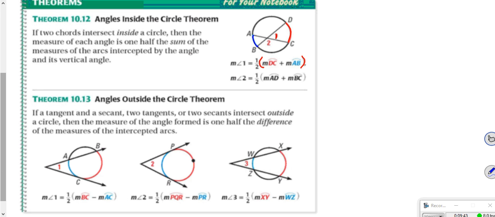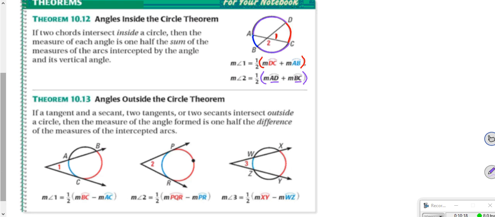Same thing with angle 2 now. Angle 2 is 1/2. Again, notice the parentheses. 1/2 AD plus 1/2 BC. I'll have to do both of those in purple since I've already used the red and the blue. So 1/2 the measure of AD plus the measure of BC. So again, intercepted arcs.